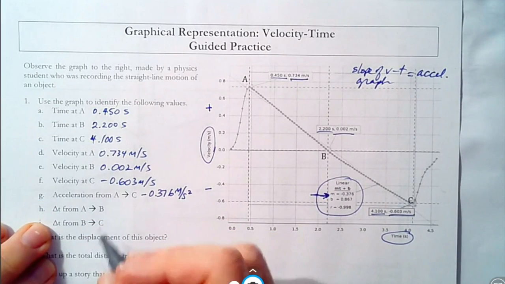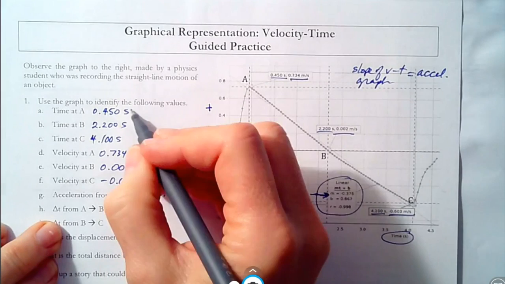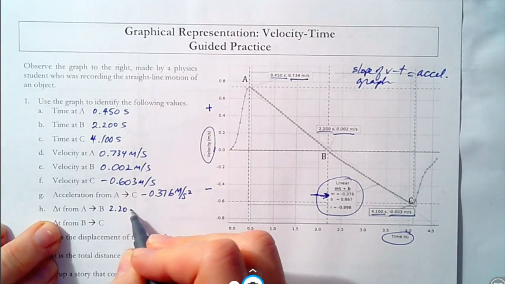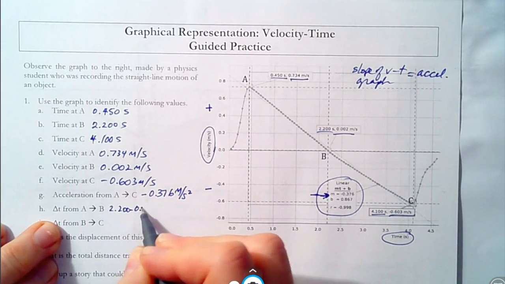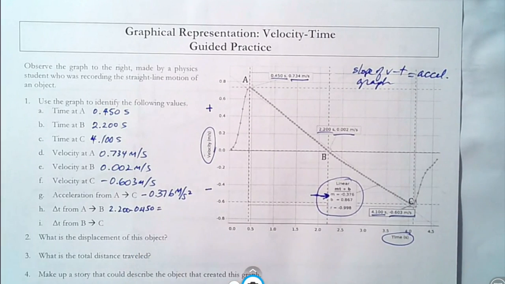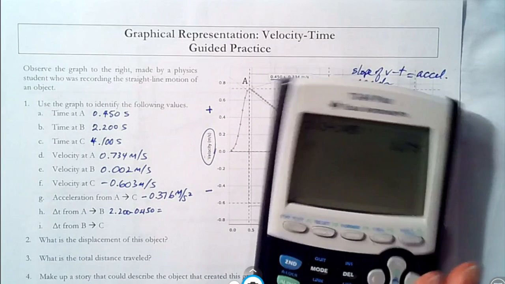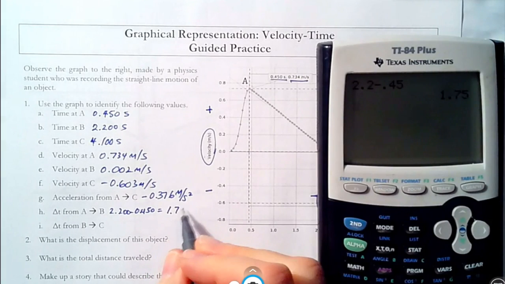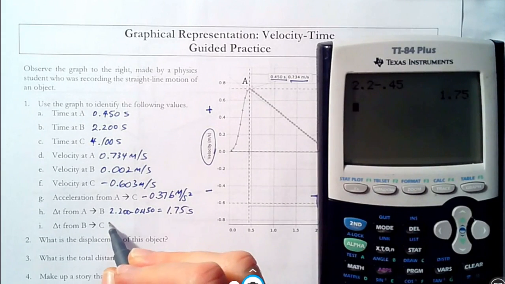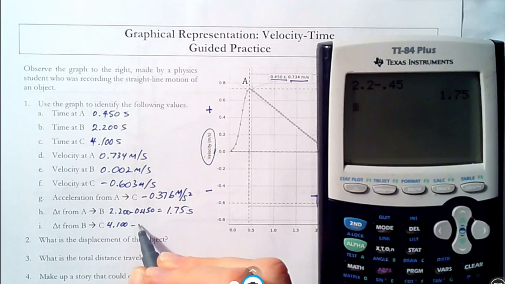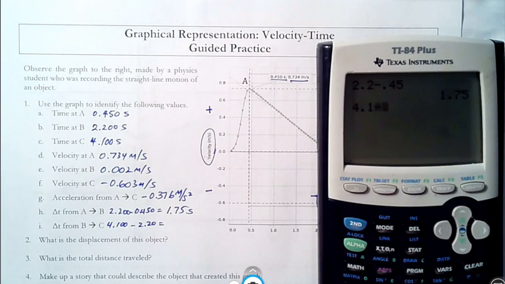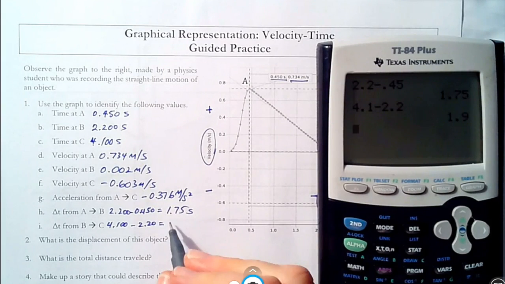The delta t is going to be the change in time, so it's going to be 2.20 minus 0.450. 2.2 minus 0.45 is 1.75 seconds, and then doing the same thing, B to C is 1.90.